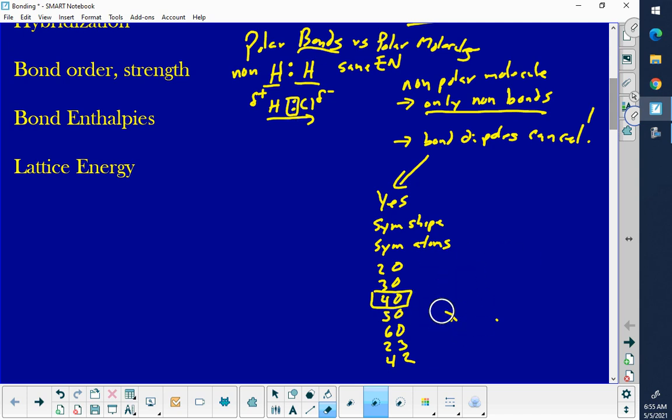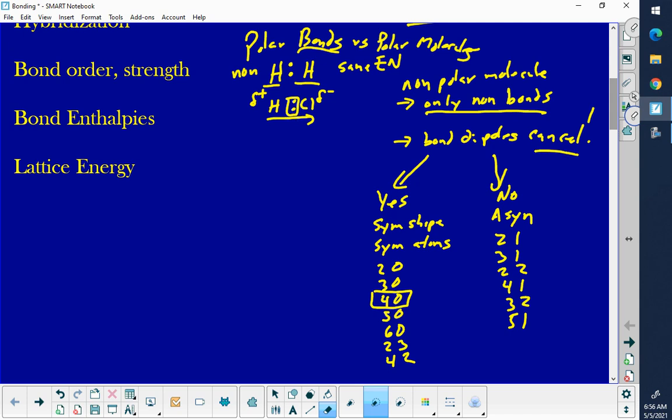Also, when do my bond dipoles not cancel? If I have an asymmetric shape, and that will be all the others listed here. You know, my 2-1, my 3-1, my 2-2, my 4-1, 3-2. How about a 5-1? Those are all going to be asymmetric shapes, and so they will be polar.